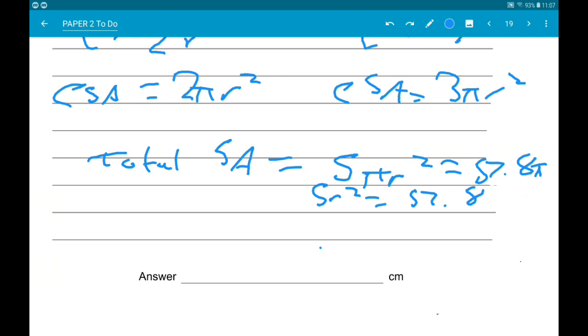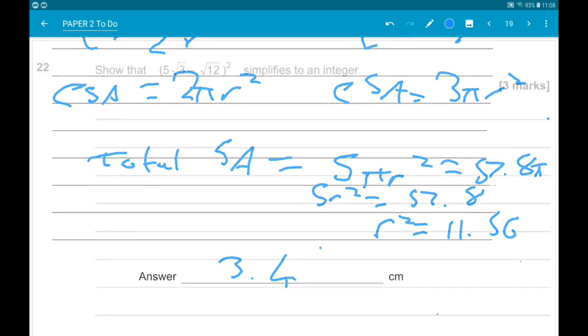Divide through by 5, we get R squared is 11.56. And then finally, square root, we get R is 3.4 centimeters.